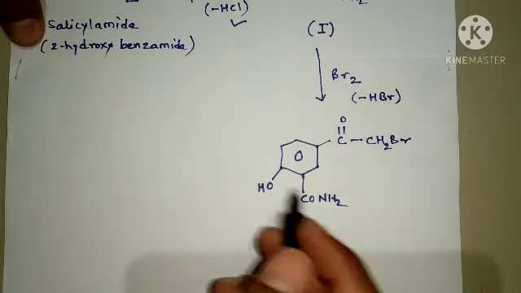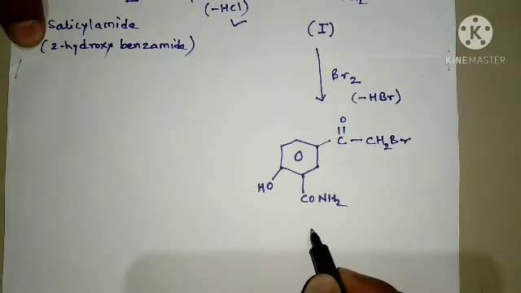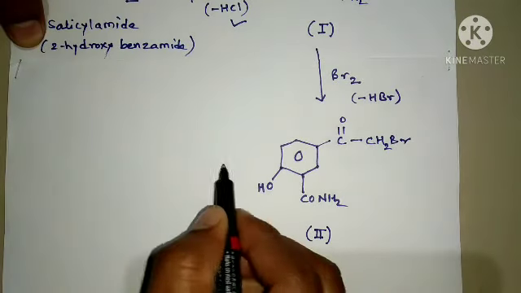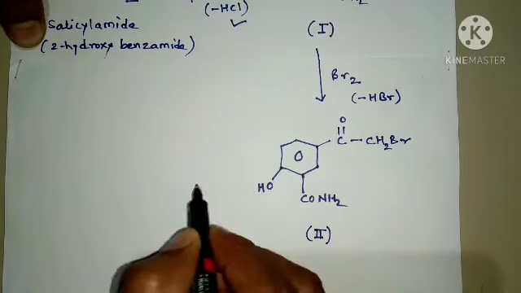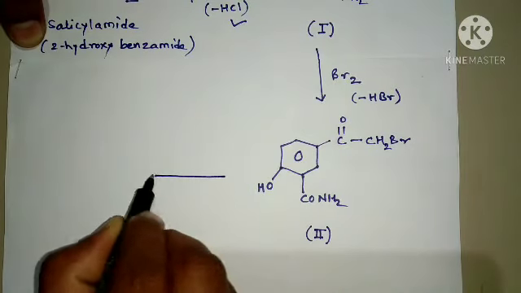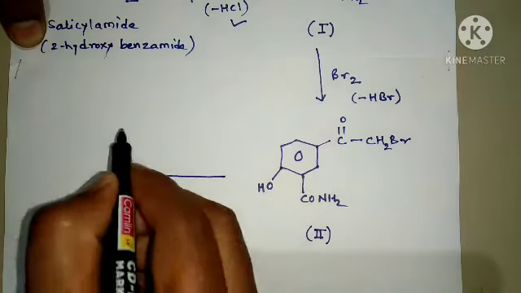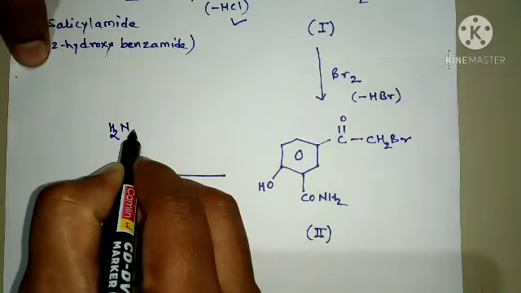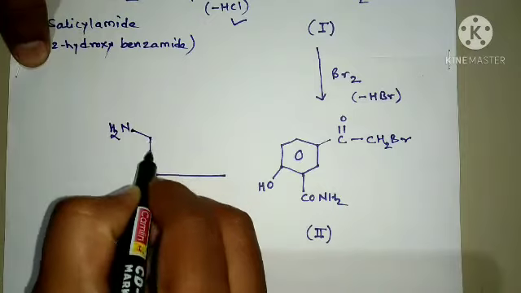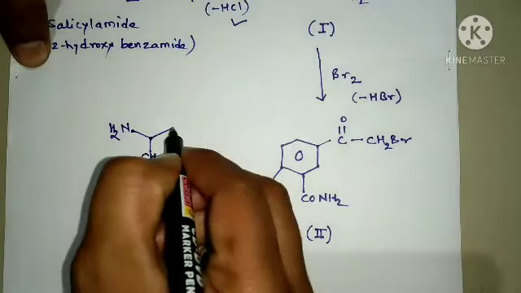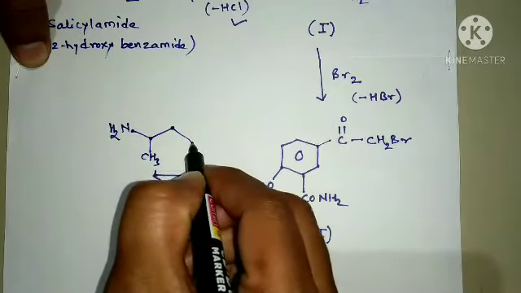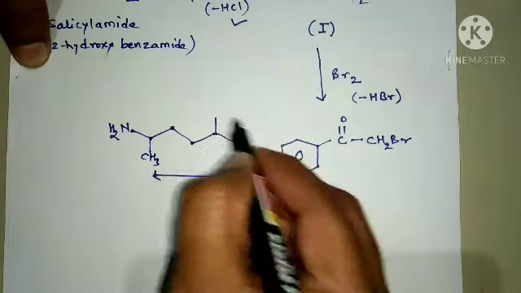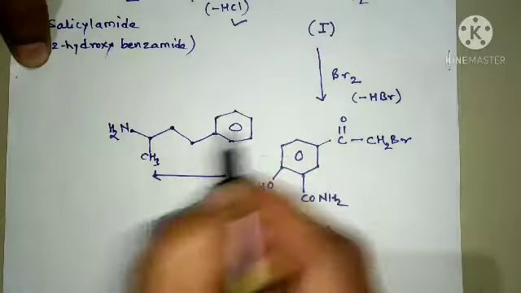After that, the second intermediate reacts with an amine derivative, that is NH2, CH3, CH2 CH2 and a benzene ring.